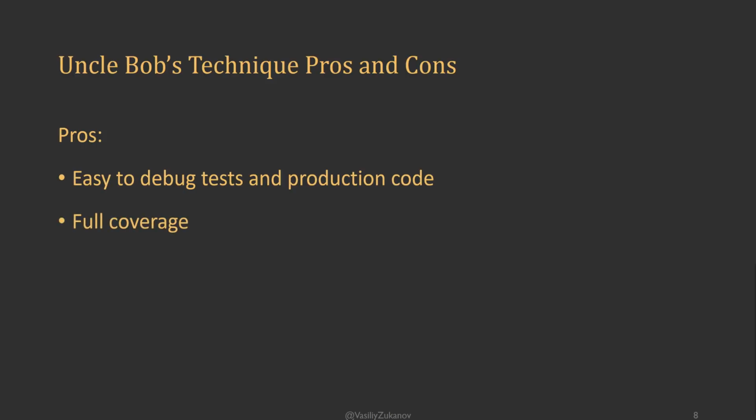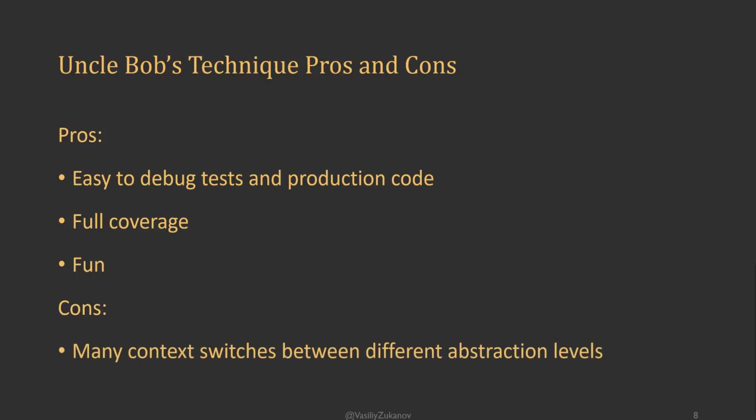In addition, since we do not write any production code without writing a failing unit test first, we basically ensure that all the production code is covered with tests. Last but not least is that this technique is much more dynamic and fun than writing all the tests up front.